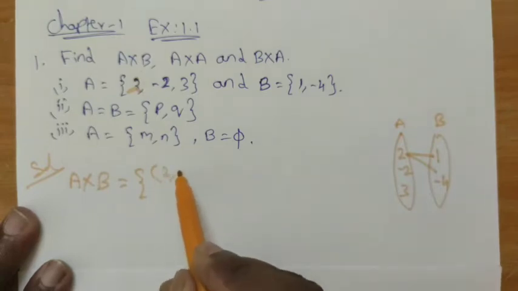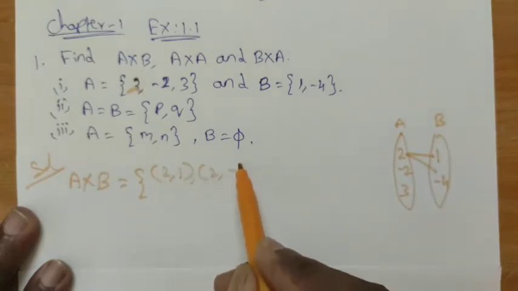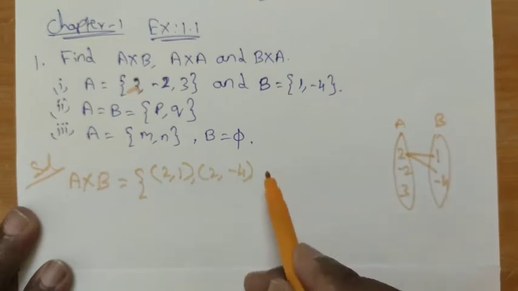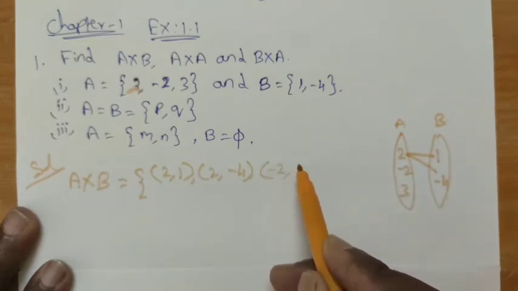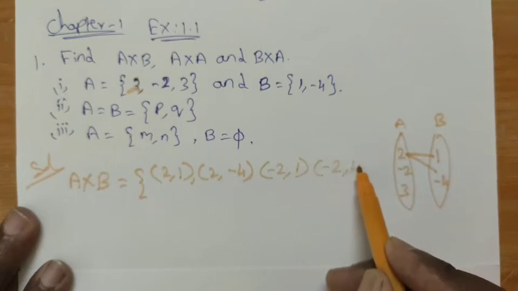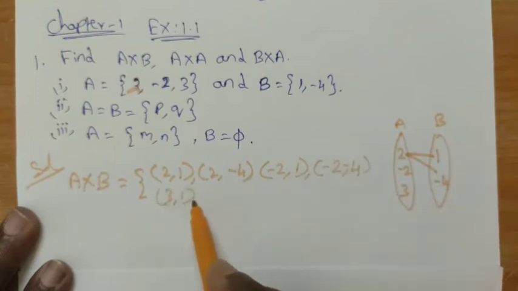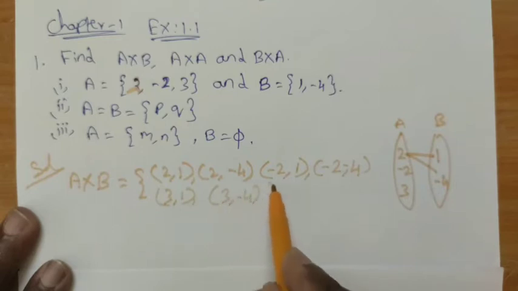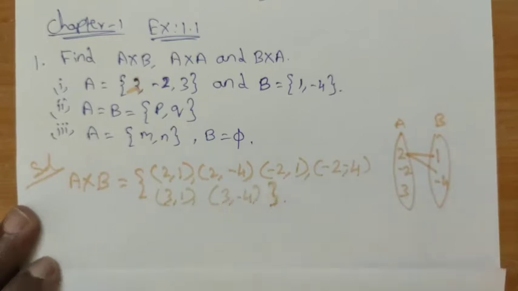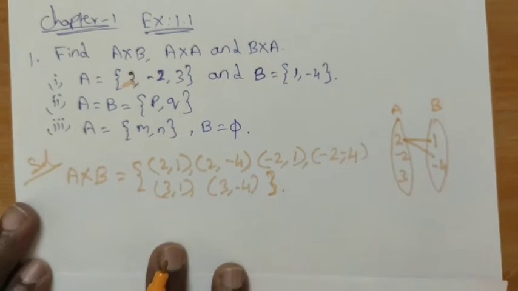So the ordered pairs are 2 comma 1 and 2 comma minus 4, then minus 2 comma 1 and minus 2 comma minus 4, and then 3 comma 1 and 3 comma minus 4. This is A cross B, or A into B, right?